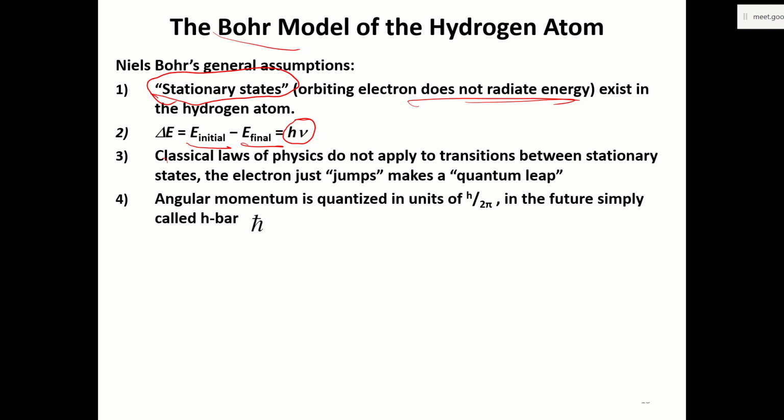Okay, he also accounted for the angular momentum of the electrons, that was h by 2 pi, or simply we call it h bar.